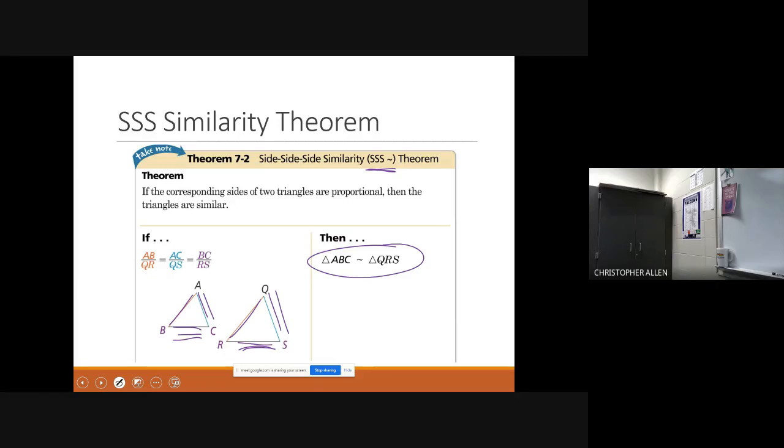Now notice here, do we know anything about any of the angles being congruent? Nope. That's why there's no A up here in this one. This is SSS. This is what we call an extended proportion. Remember we talked about extended proportions last week in section 7.1? In other words, we've got three ratios that are all equal.